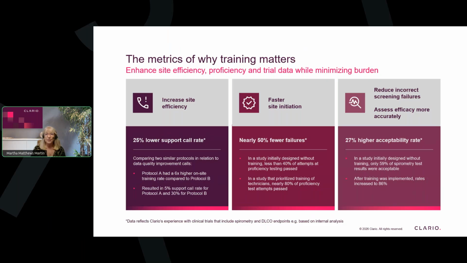So these jumps that we see in performance with a robust training plan are really quite significant. And I think that this speaks to the fact that the training is truly an investment that you make with your site staff, giving them the tools and all of the information that they need so that they can collect that good data first time through. So with that, let's move to the next slide, please.